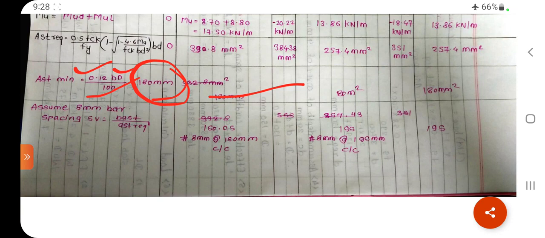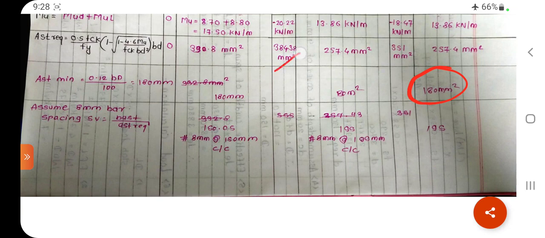So here b is 1000, capital D is 150, and multiplying by 0.12 divided by 100, we get the minimum as 180 mm square. And if you observe all the areas of steel calculated, even at the support and the mid span, our steel is sufficient, or greater than AST minimum.